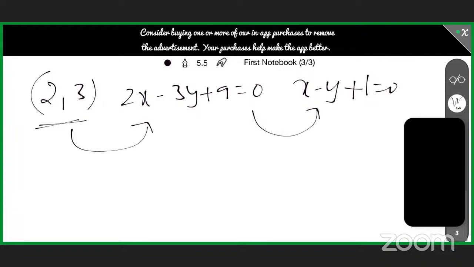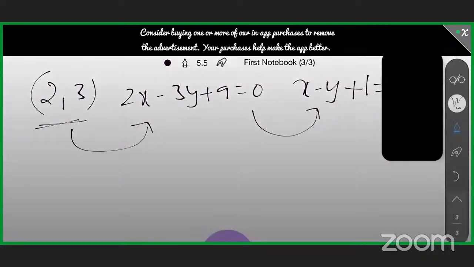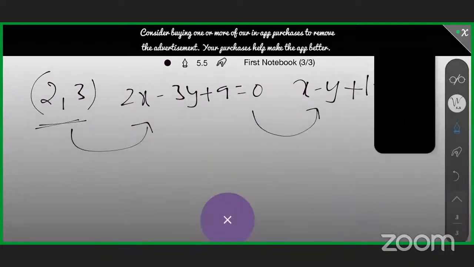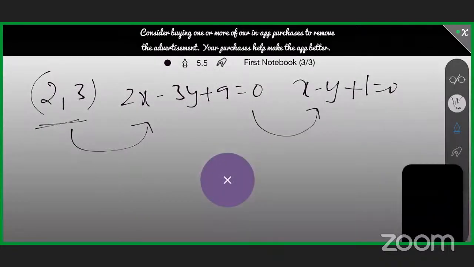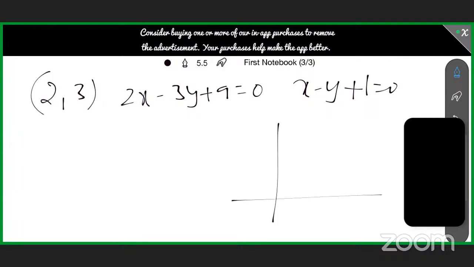What they're telling is that this distance is measured not only with this line but also with another line.